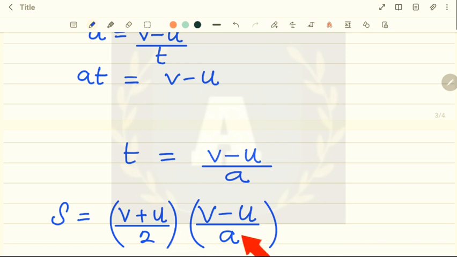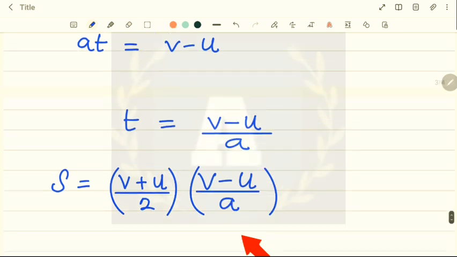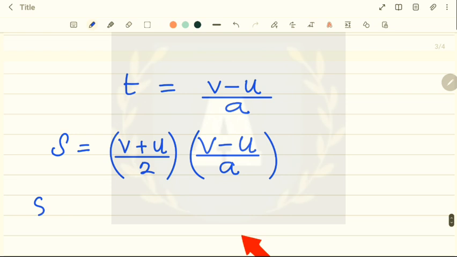We remove the brackets now. So when we do that, what do we get?